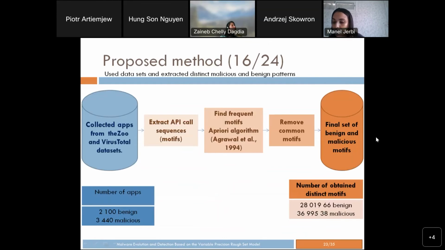In order to perform our experimental analysis, we use different apps gathered from different state-of-the-art bases in order to form a final set of benign and malicious motives.